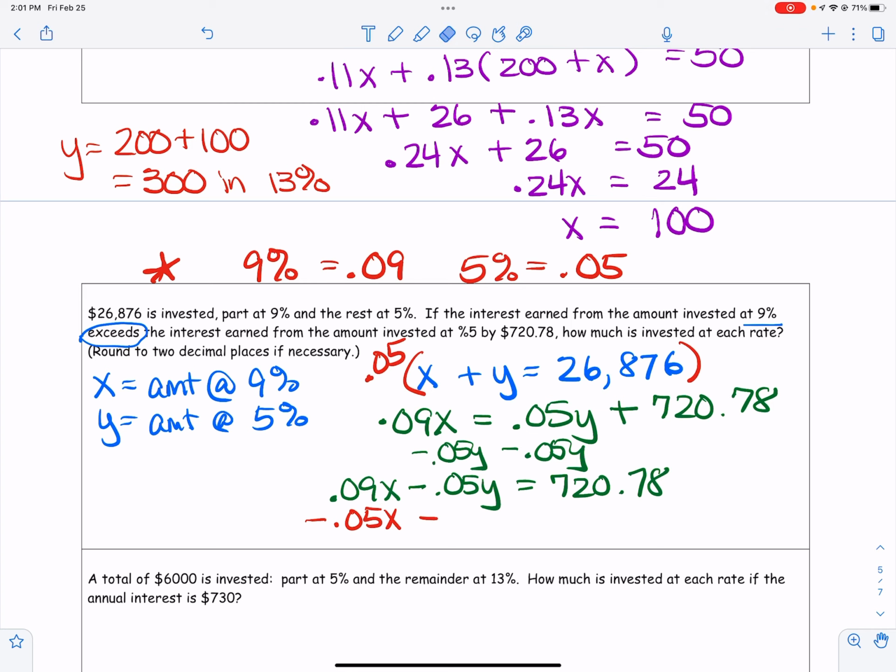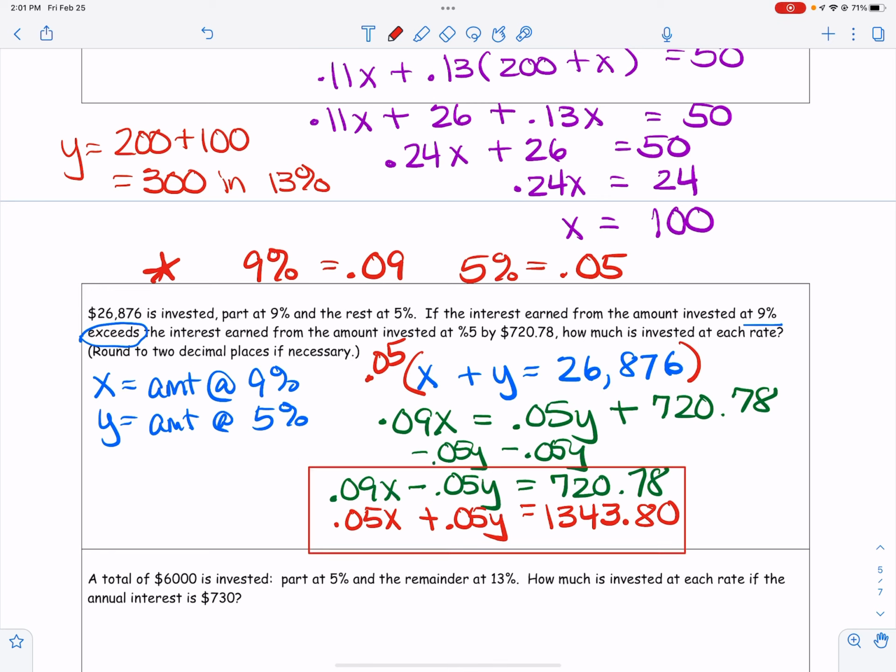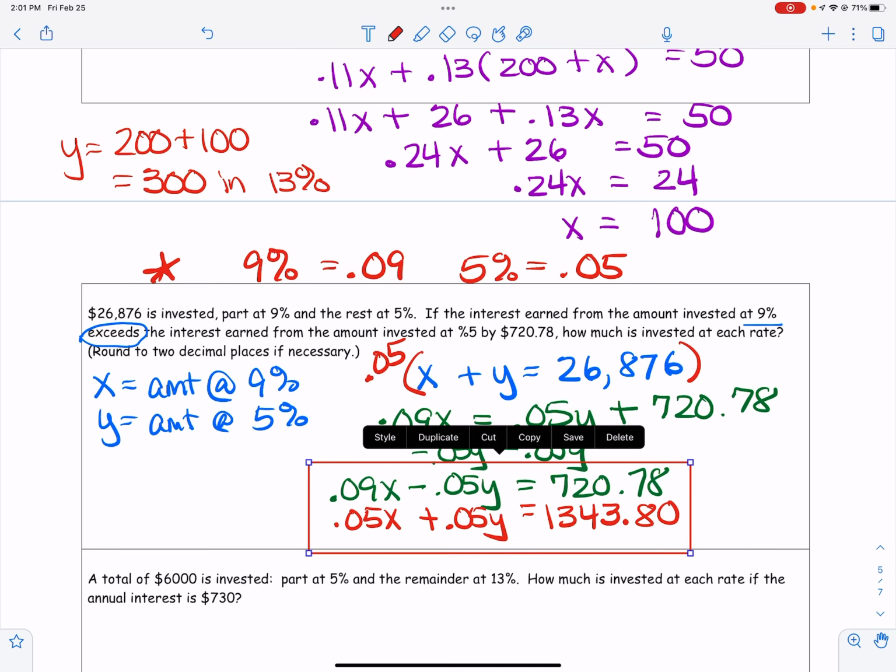So let's just make that a positive, and that would make this a positive. 0.05y is equal to, and that comes out to be 1343.80. So now these are the two equations that I'm going to add up.